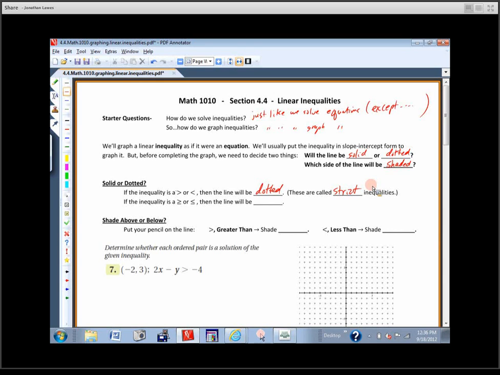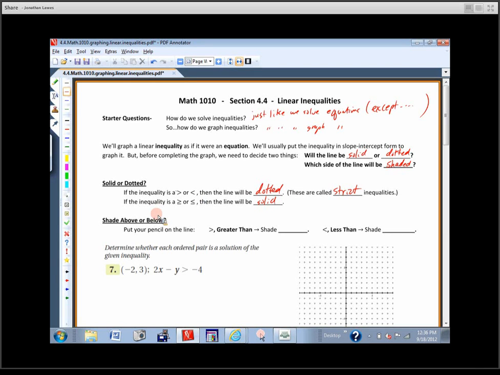So strictly less than that, can't equal it. Strictly greater than that, can't equal it. Okay? If I have a greater than or equal to or a less than or equal to, that equal to part is the part that allows us to graph a solid line. So if it's a greater than or less than, it's going to be a dotted line. If it's a greater than or equal to or a less than or equal to, it's going to be a solid line. And then the question is, well, which side do we shade?